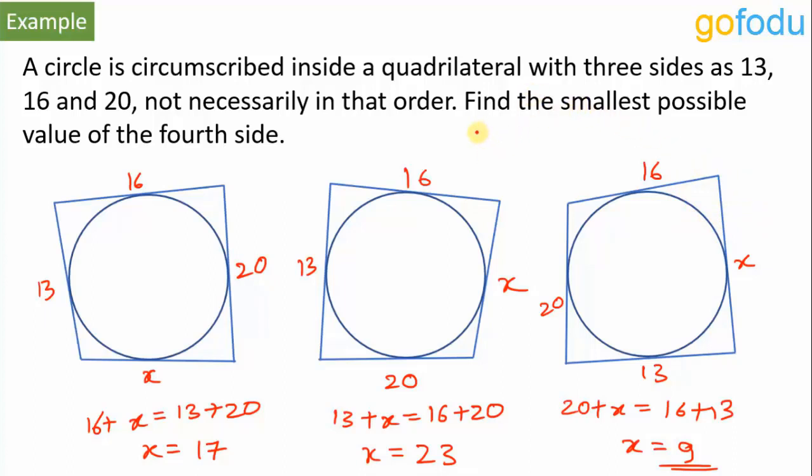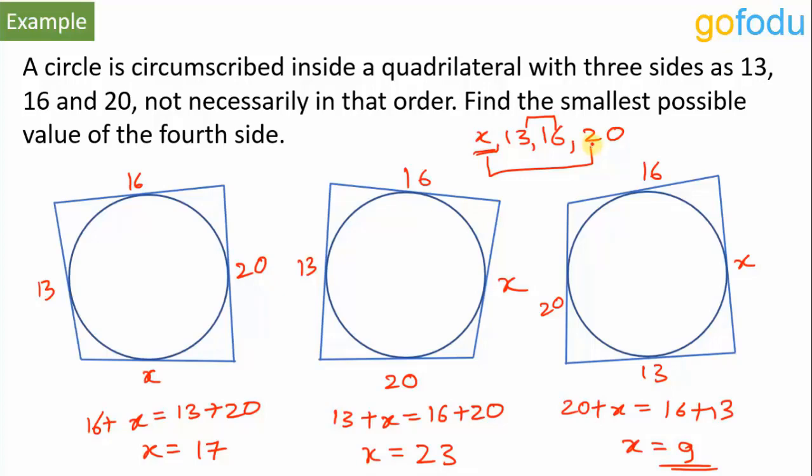See, x, 13, 16 and 20 are the sides in increasing order. So if x is kept opposite to 20, the sum of the middle two values will be equal to the sum of the extreme values, the minimum value plus the maximum value. So if x is kept opposite to 20, its value will be the smallest of the four sides.